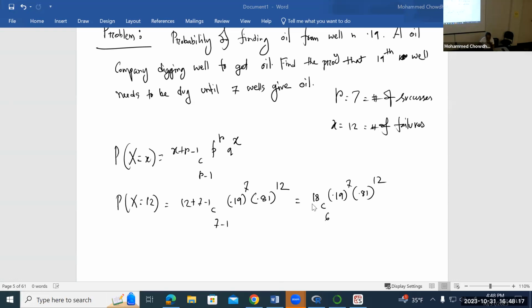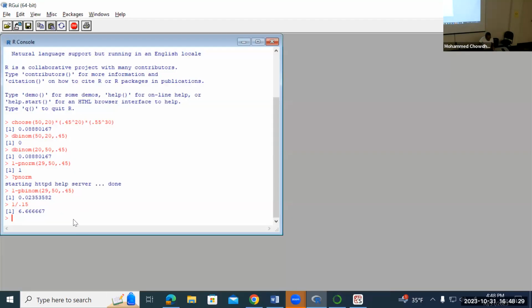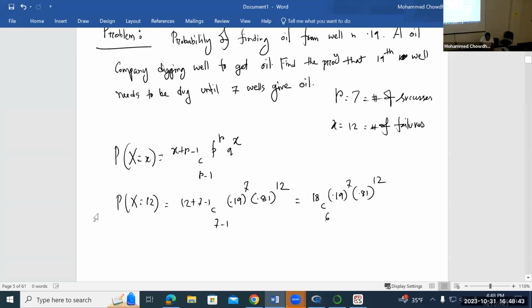Now I ask you, find the negative binomial formula to compute this by using Python. So let me do it by using R first. So that is choose, 6 and 12, right? 18.